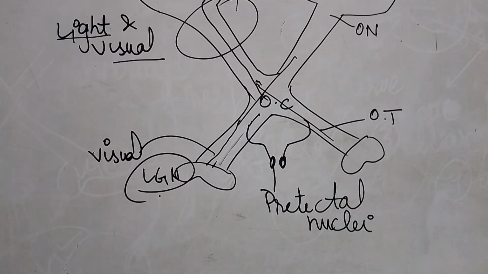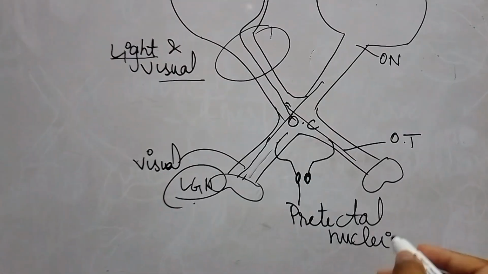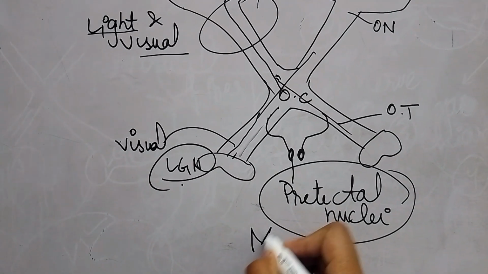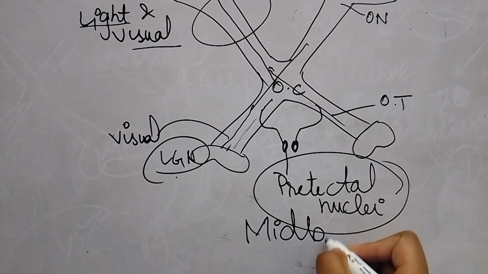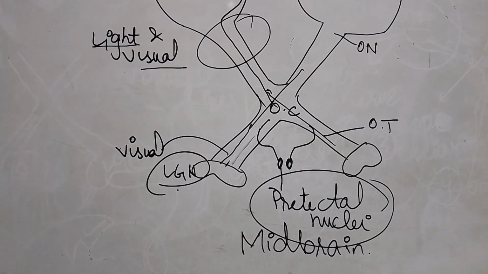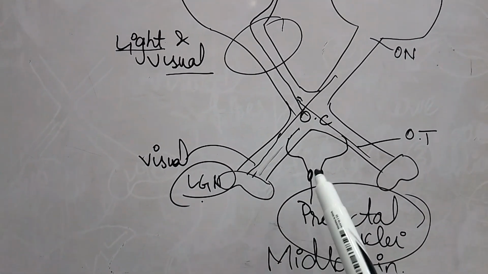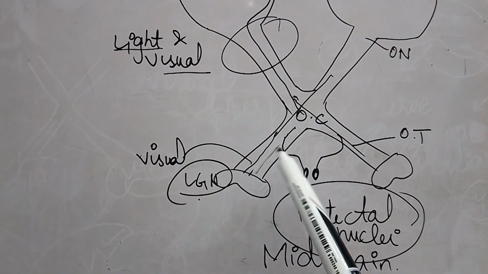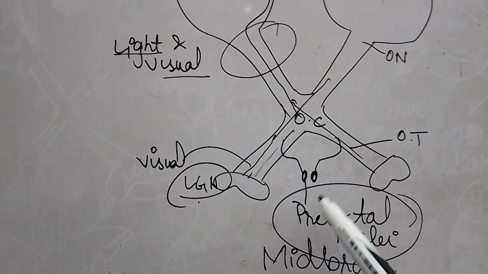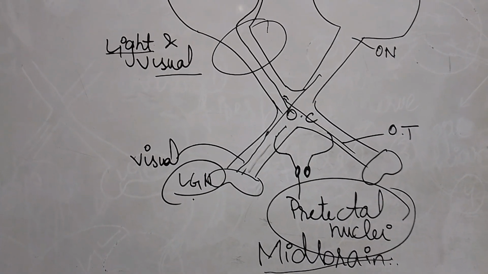So what do the light fibers do? They move towards the pretectal nuclei that lie in the midbrain. The visual fibers move toward the lateral geniculate body, while the light fibers get separated and move posteriorly towards the midbrain and reach the pretectal nuclei.